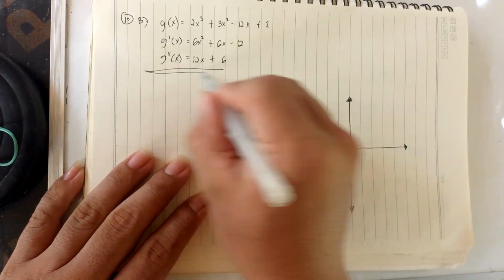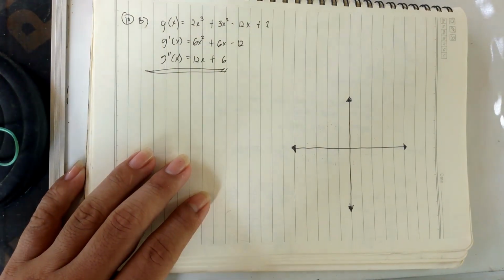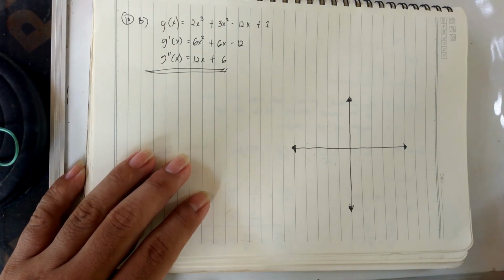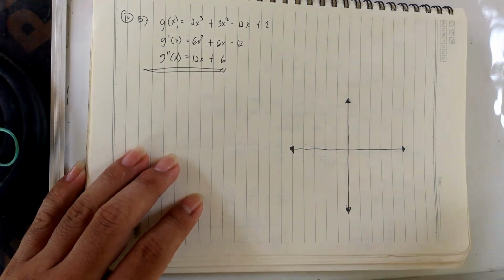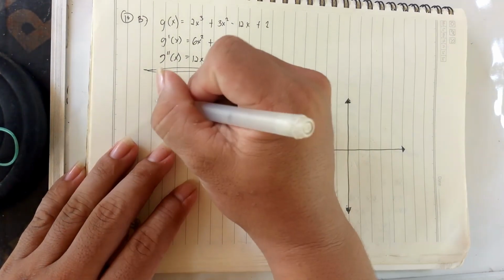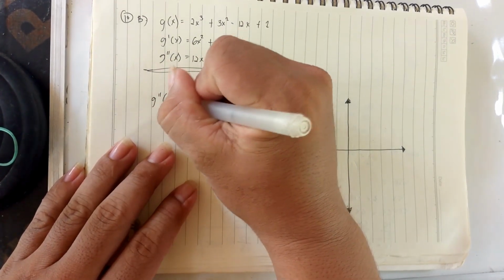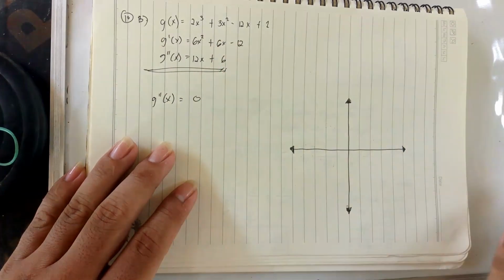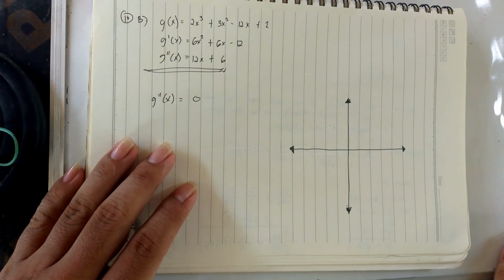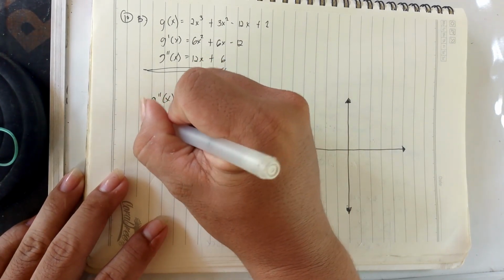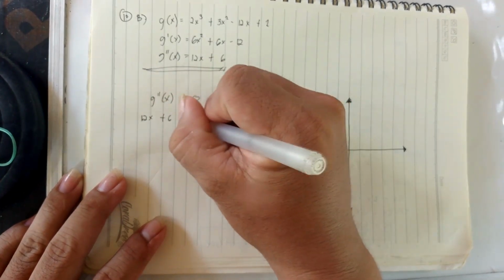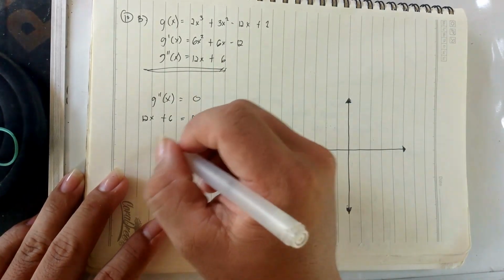So next is we get the inflection point. To get the inflection point, we set g double prime of x equal to 0. So we have 12x plus 6 is equal to 0.